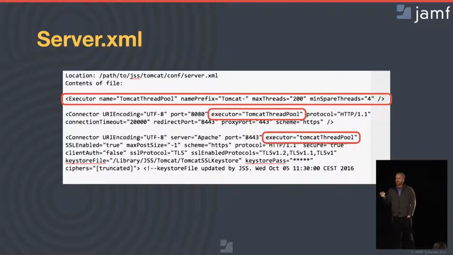This means you can configure the one value for the entire Tomcat server, and whether you're connecting via 8080 for clear text HTTP traffic or via 8443 for SSL traffic, you don't need to worry about each socket individually. The whole server will negotiate up to that total amount of max threads that you've defined there.